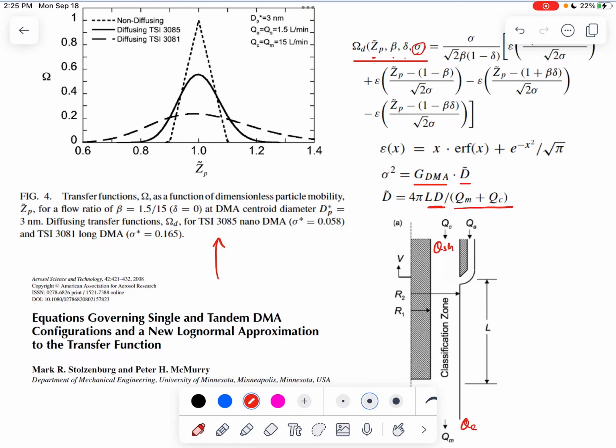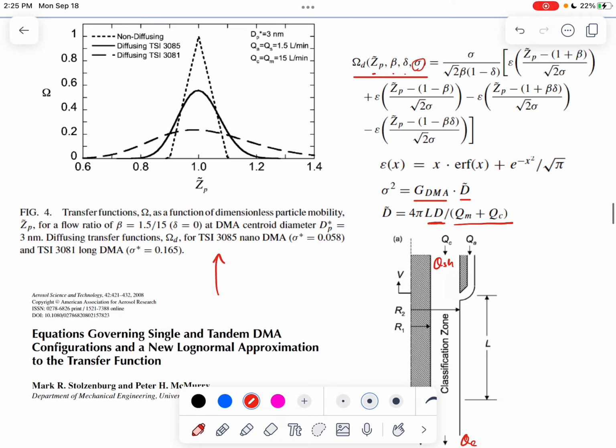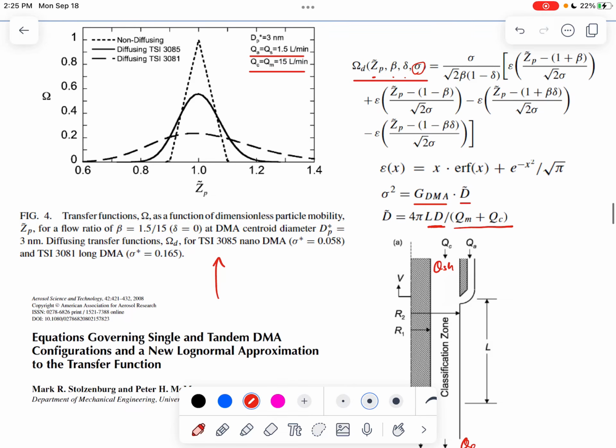I think this is based on the calculation here. You can see the non-diffusing condition, when you're using a sheath flow ratio of 10. We have the sheath flow at 15 liters per minute and aerosol at 1.5 liters per minute, then you have an ideal resolution of 10. But because the particles are diffusing, when you're introducing 3 nanometer particles inside, you're going to have a broadening of the transfer function.